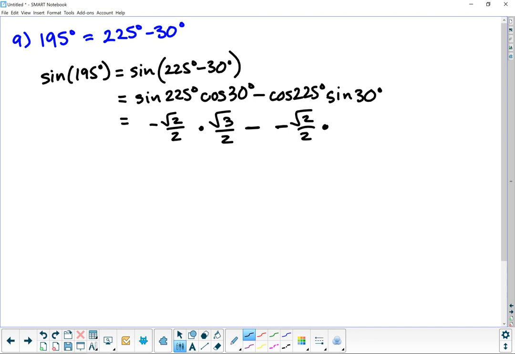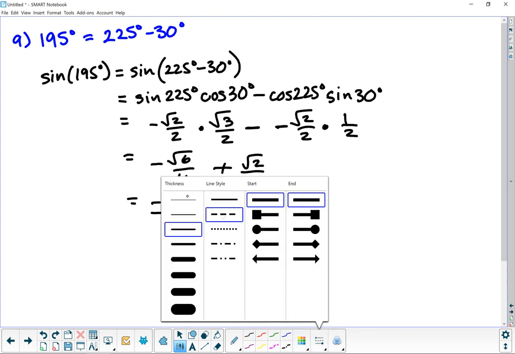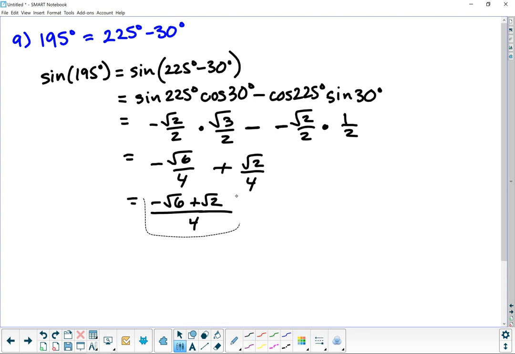Sine of 30 is going to be 1/2. Okay, go ahead and combine them together. So this will be negative radical 6 over 4. This negative and negative makes a positive, so plus radical 2 over 4. Final answer, negative radical 6 plus radical 2 over 4. That is your final answer. Okay.